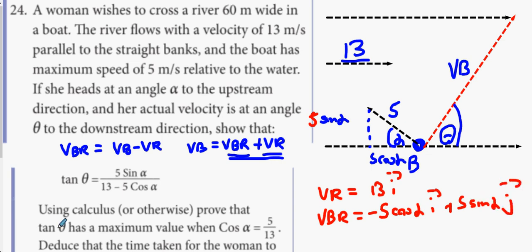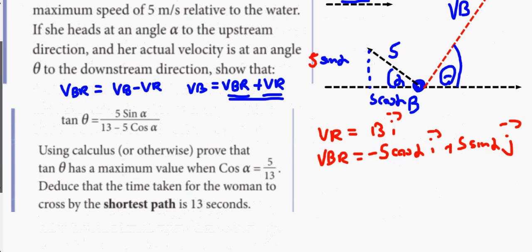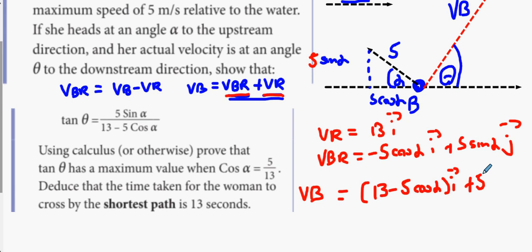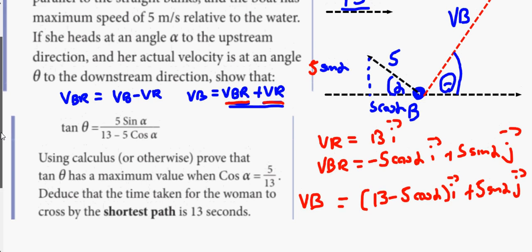Okay, next step after that is the velocity of the boat, which is add the two of them together. So it's going to be 13 minus 5 cos alpha i plus 5 sine alpha j. Now, what does that mean for our diagram up here?